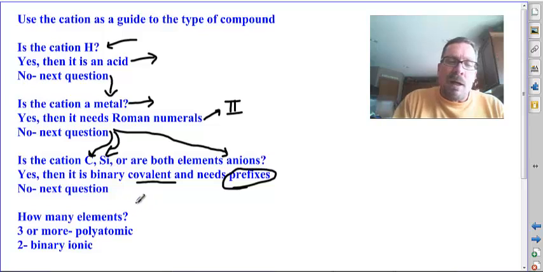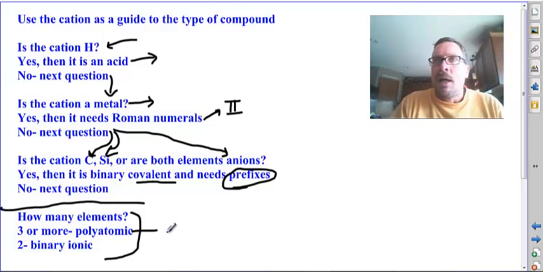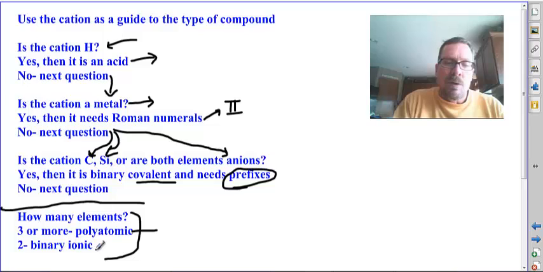If I go through all that and all those answers are no, then I'm just looking at my straight general binary ionic or polyatomic or ternary, whichever term you want to use for that, and I just name them accordingly. Of course, this is name the cation and then figure out what the polyatomic is and write that also with no change to the ending.